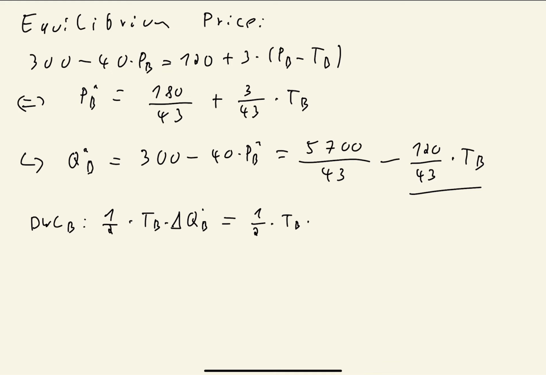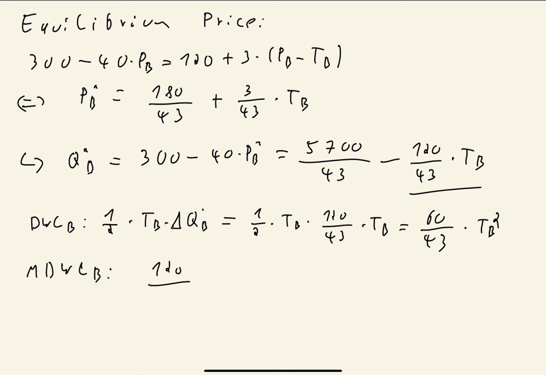So 120 divided by 43 times TB. And this is equal to 60 divided by 43 times TB to the power of 2. And the marginal dead weight loss for bananas will therefore be 120 divided by 43 times TB.